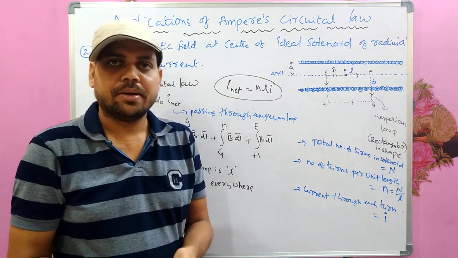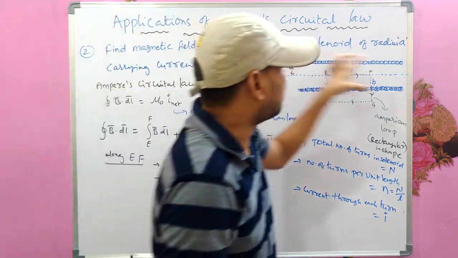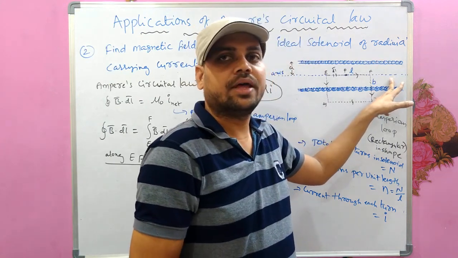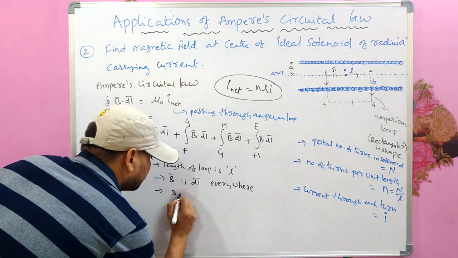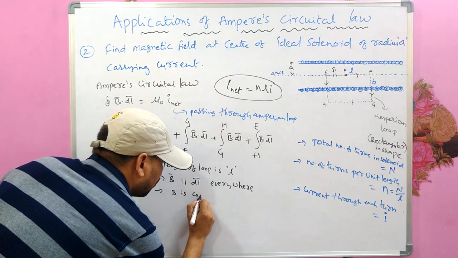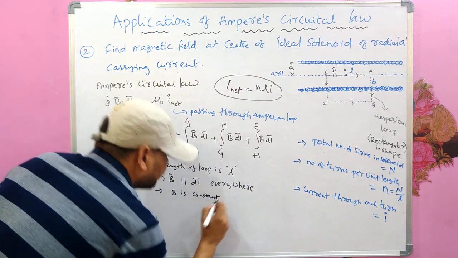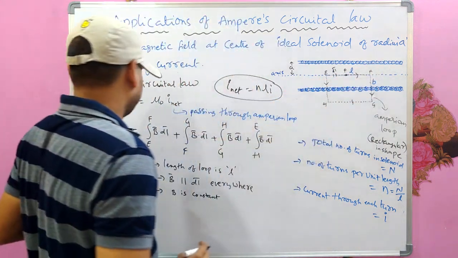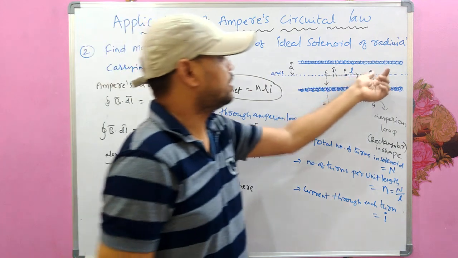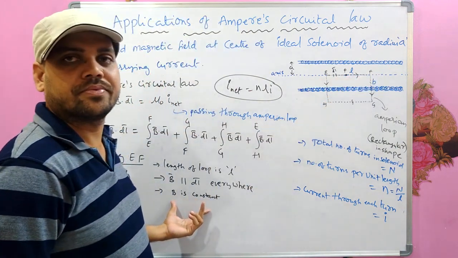What does that mean? The magnetic field is uniformly distributed in the interior of the solenoid, which means B is constant everywhere along EF.